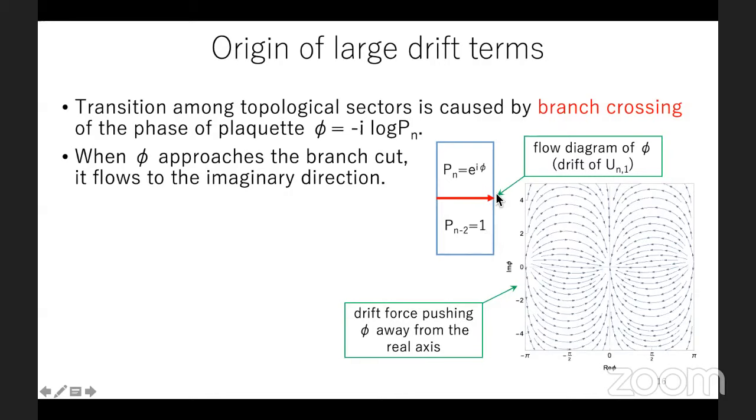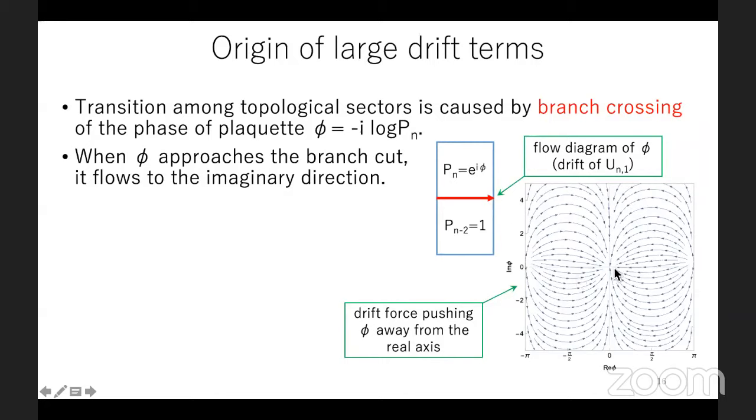So now the drift term is a function of phi, and phi is now a complex phase. So we can plot the vector field of the drift term in the complex phi plane. This axis is the real part of phi, and this axis is the imaginary part of phi.